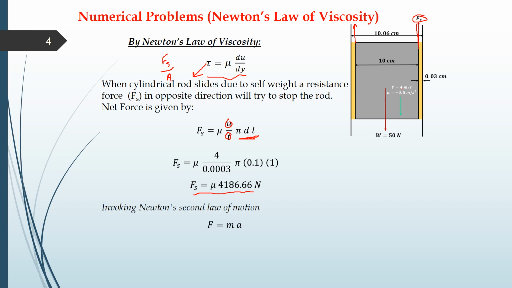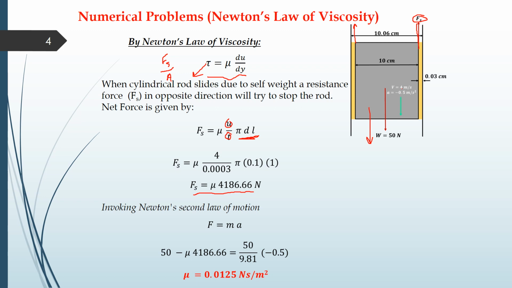Now, by invoking Newton's second law of motion, we can say that the force is equal to mass into acceleration. So the force with which it is coming down will be equal to mass into acceleration. So what is the force basically?